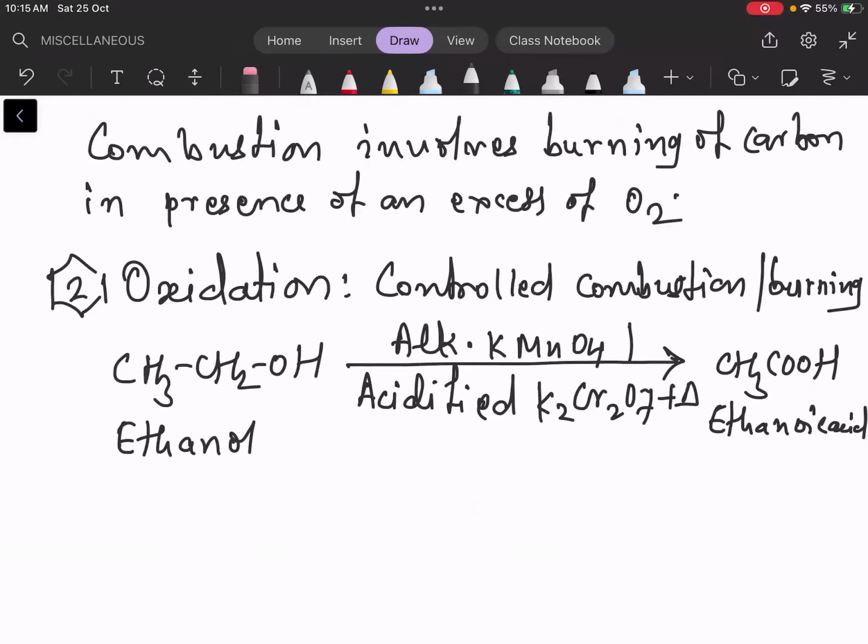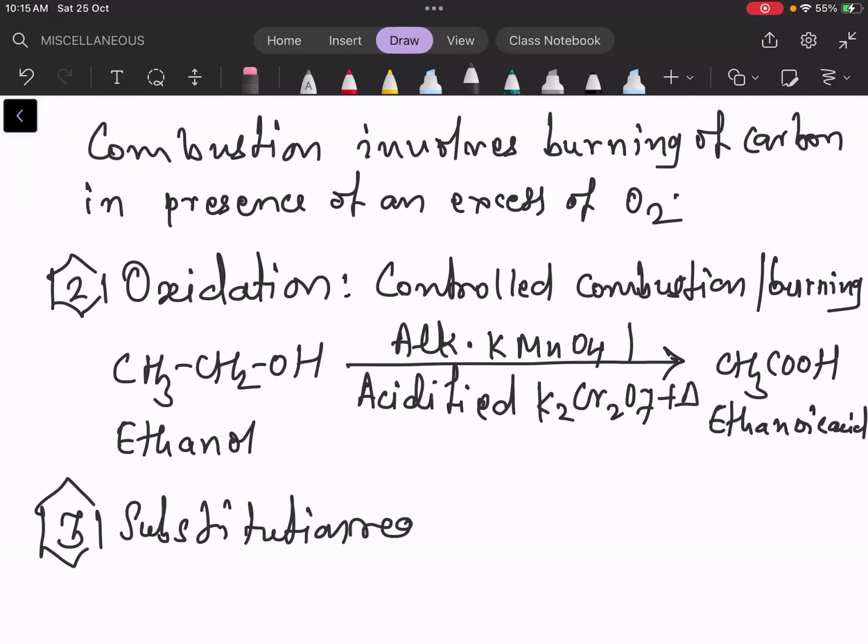The next reaction is called substitution reaction. Now, what is a substitution reaction? Earlier, Amritanshu sir took your lecture, right? Now, once I came, Amritanshu sir was replaced by me. So this replacement of one atom by another atom is called what? Substitution reaction.